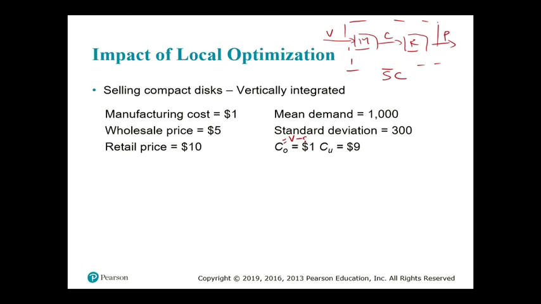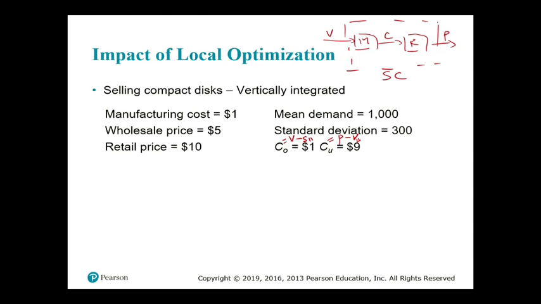It's V minus S, correct? V is the purchase cost, and S is 0, so equal to 1. The underage cost is P minus S. Minus, oh, the manufacturing cost V. Yep. So equal to 9 in this case.